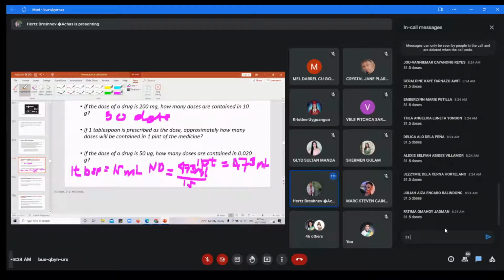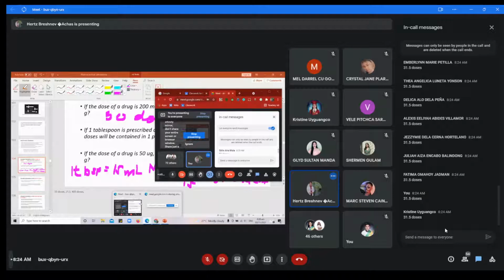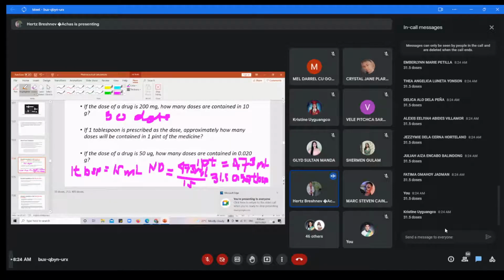There are 31.5 or 32 tablespoons or doses, no? Let me just check. All right, very good. Okay, simple lang. Okay, let's proceed to the next.